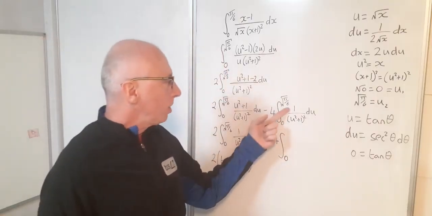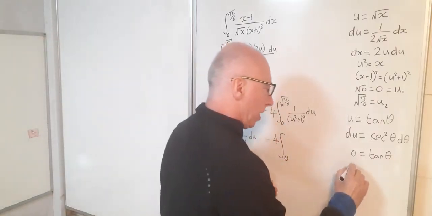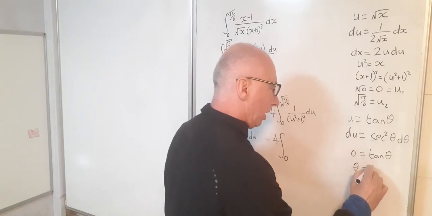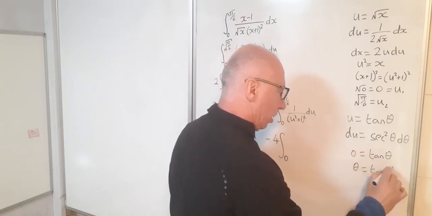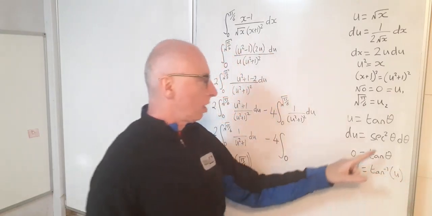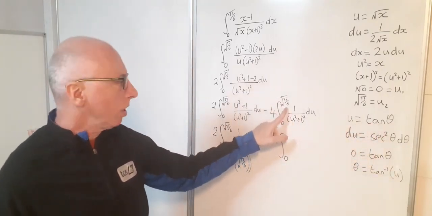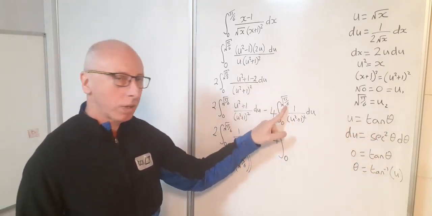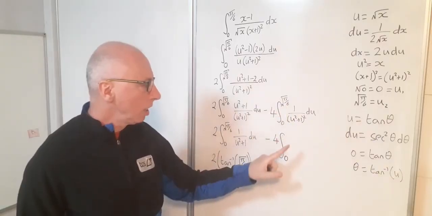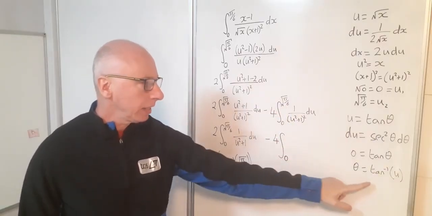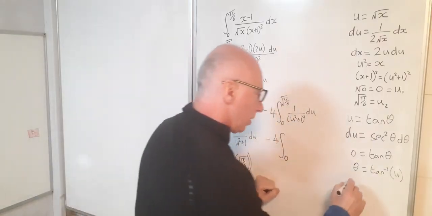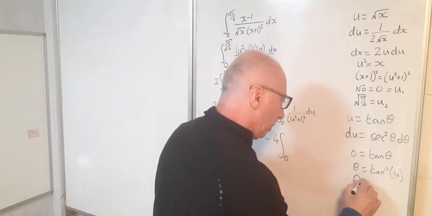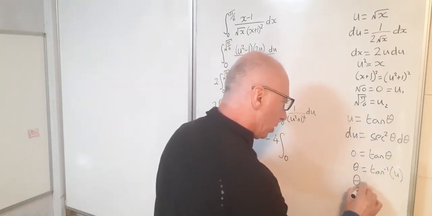So now with this one, remember my theta would be inverse tangent of u. So I need to be a bit more careful with this one. So that's my u, that's what I've got in the u variable. But when I change to theta, I need to go to this one. So then I'll have my theta upper bound. So I call that theta 2.